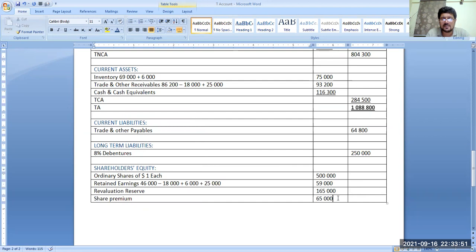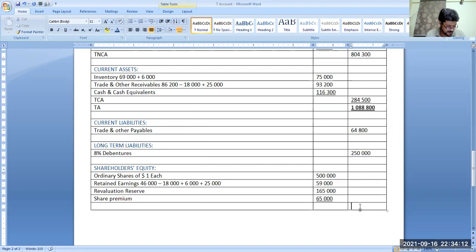So total shareholders equity would be how much? 500,000 plus 59,000 plus 165,000 plus 65,000.